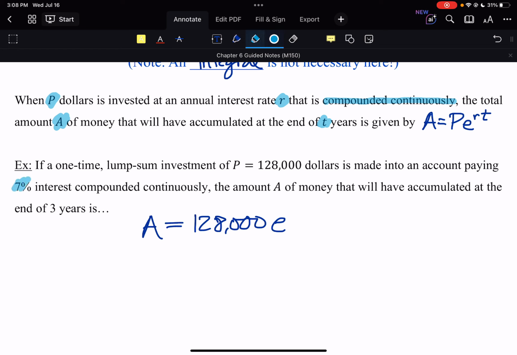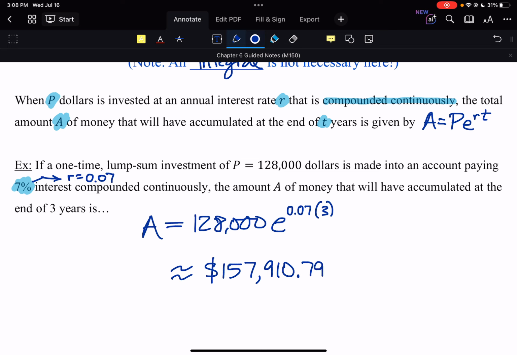Be very careful. 7% does not mean that R is 7. 7% is actually equivalent to 0.07. So this is 0.07 times 3. This is something we would need a calculator to do. And we would end up with approximately $157,910.79.